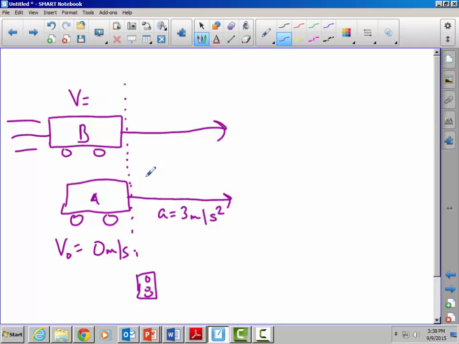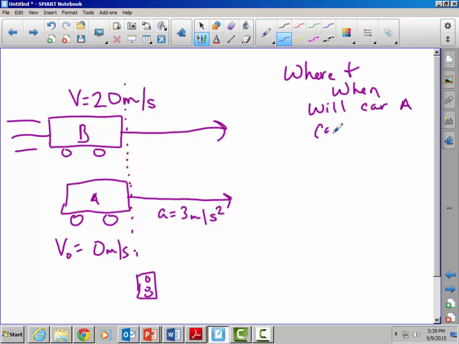And let's say his velocity is 20 meters per second. So the question that is going to come up is where and when will car A catch car B?